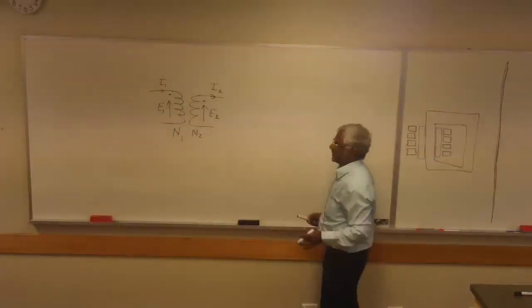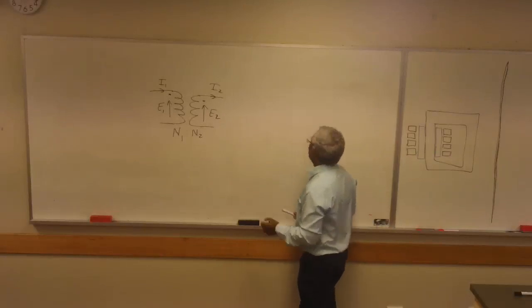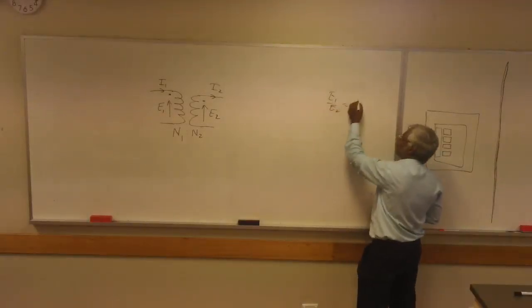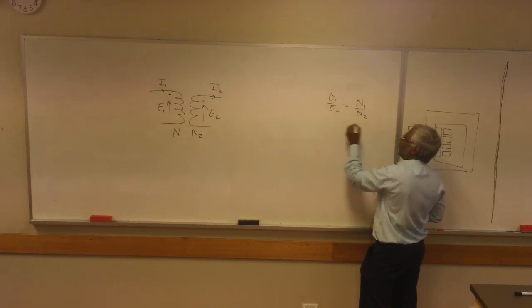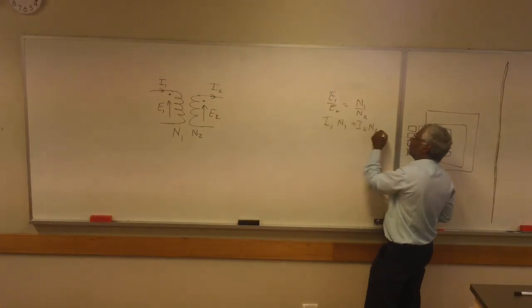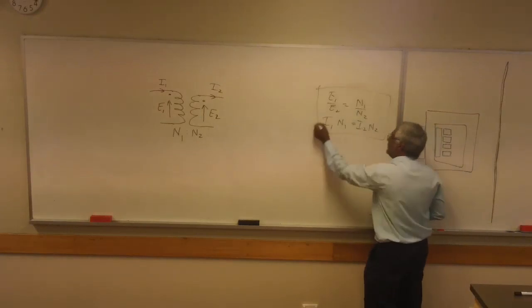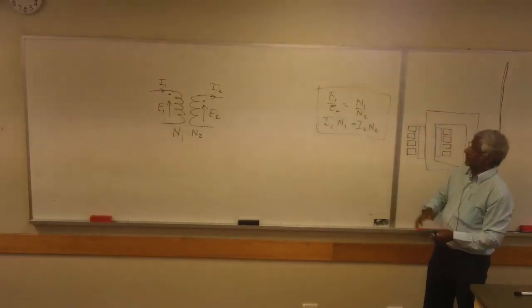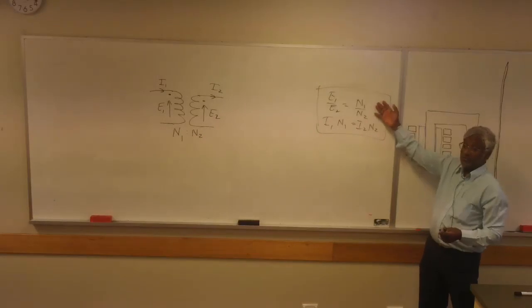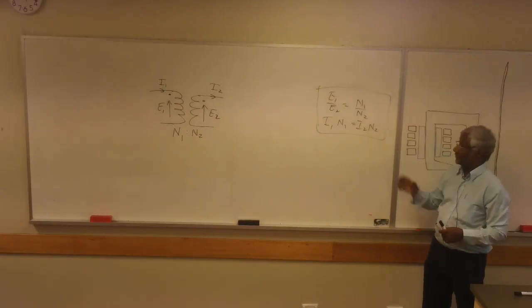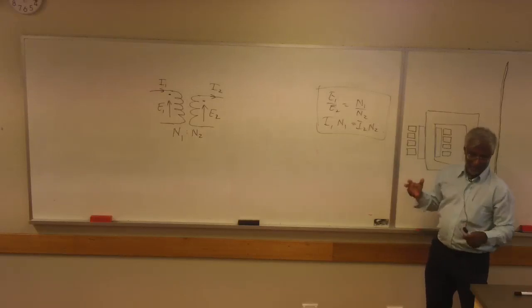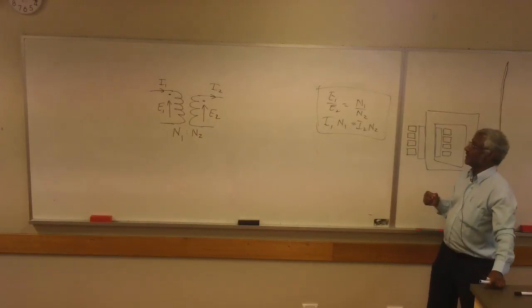And that's a perfect transformer. And for the perfect transformer, E1 on E2 equals N1 on N2, and I1 N1 equals I2 N2. So we discussed that in detail last week. And that, as I said, that's all there is to know about a perfect transformer. If you know that, you know everything. And you can then use that to do your work.